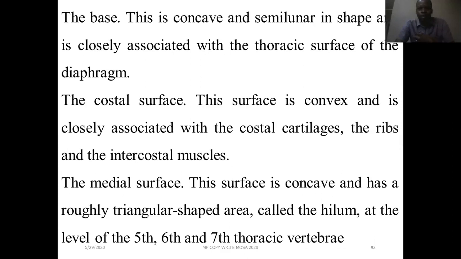The medial surface is concave and has a roughly triangular-shaped area called the hilum at the level of the 5th, 6th, and 7th thoracic vertebrae.